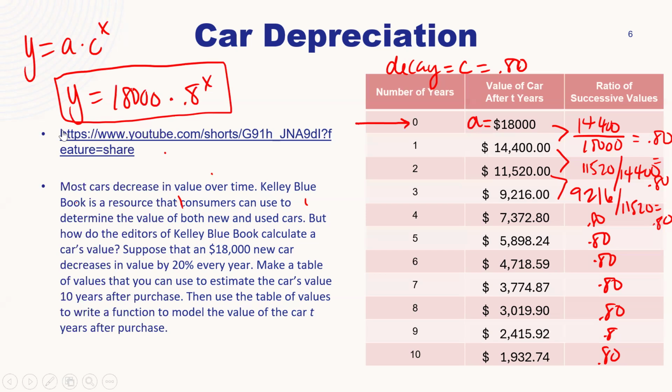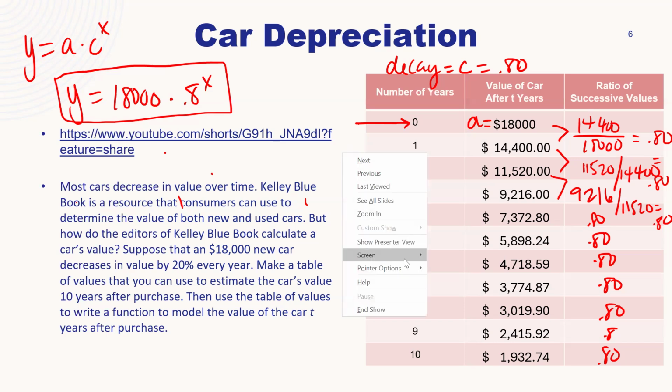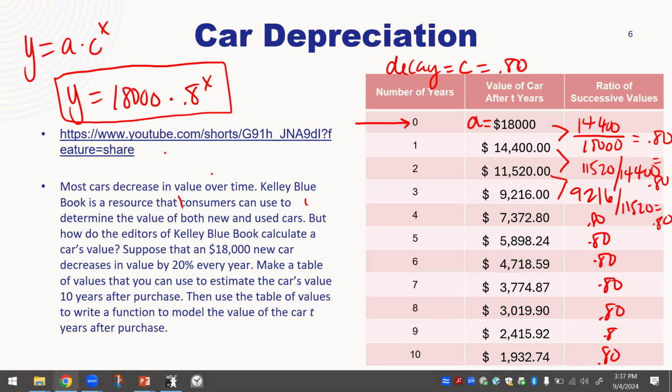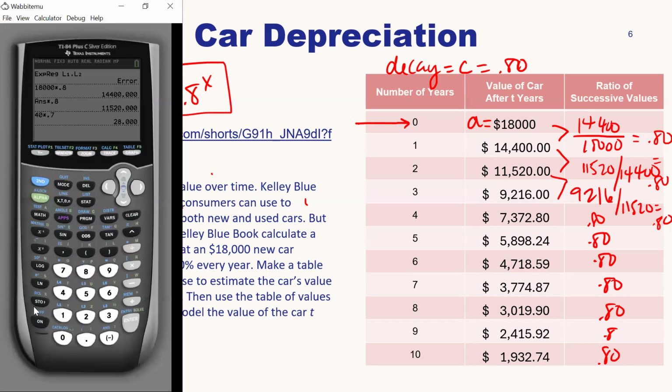How would I evaluate that? What does the 22 represent? The 22 represents your X. So if I'm telling you X is 22, can you calculate the value of my car after 22 years? Yes. So I'm going to go to the handy dandy calculator, Sylvie. Open Sylvie. Look at her, ready to shine bright.